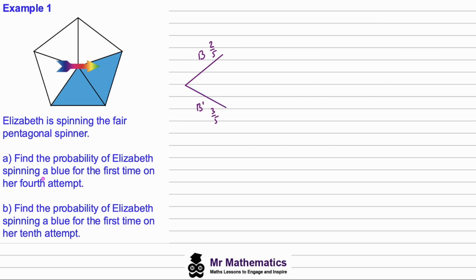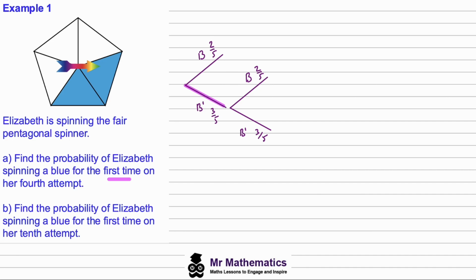And we're told that she spins the blue for the first time on the fourth attempt. And this must be a not blue on that first attempt. Then we can move on to our second attempt. And again, the probabilities remain constant. So the blue would be 2/5, and the not blue would again be 3/5.